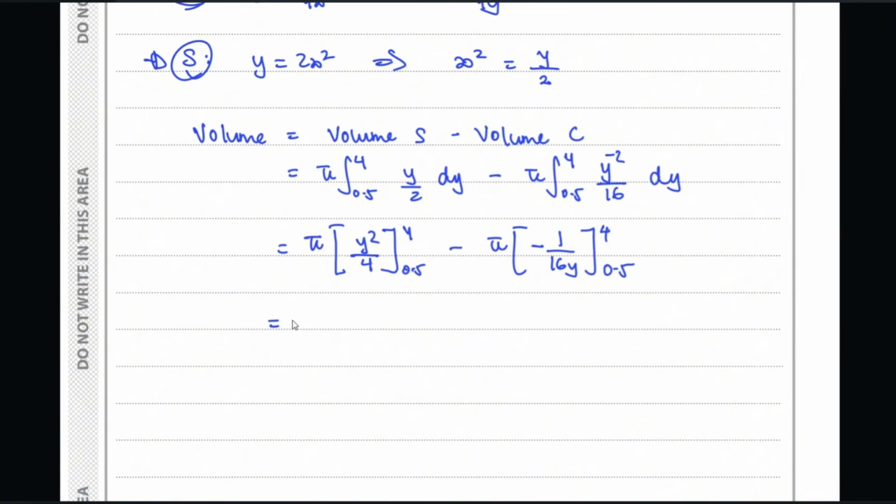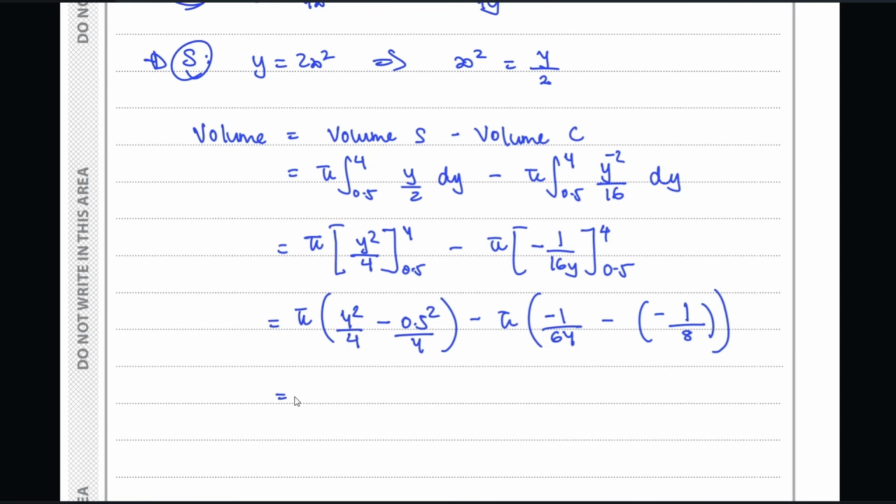So pi times the upper limit value, 4 squared over 4, minus the lower limit value, 0.5 squared over 4, minus pi times the upper limit value, minus 1 over 16 times 4, which is 64, minus 1 over 16 times 0.5, which is 8.